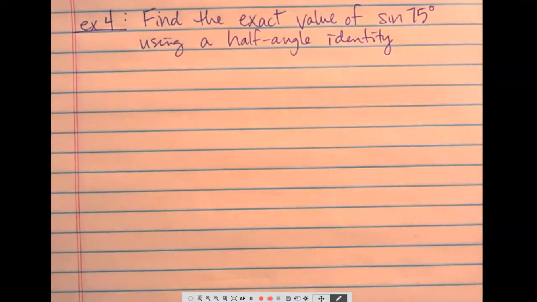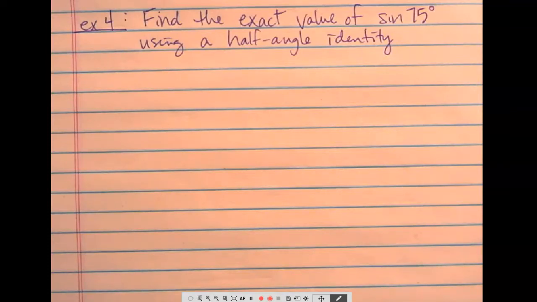Angle identity for 75. What angle divided by 2 gives us 75? 150, sure? 100%. I agree. Okay.